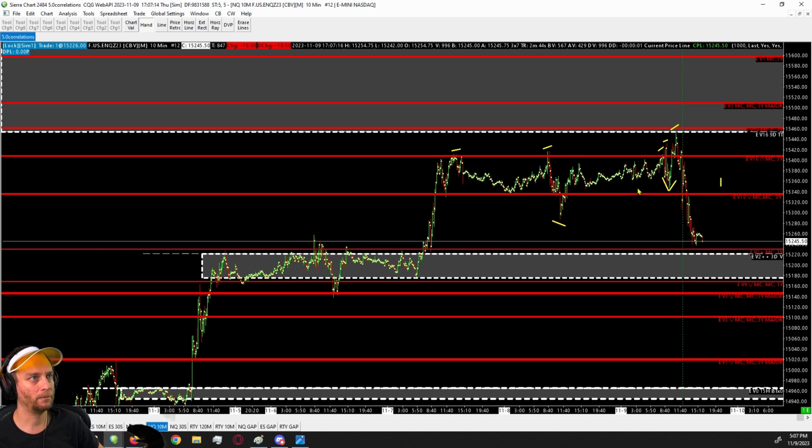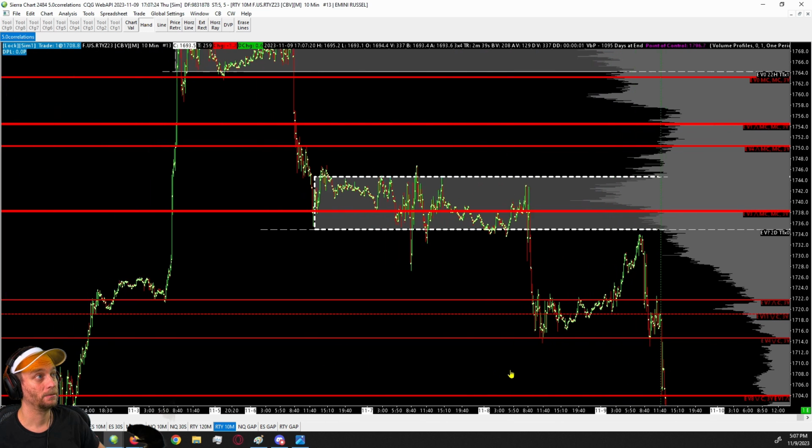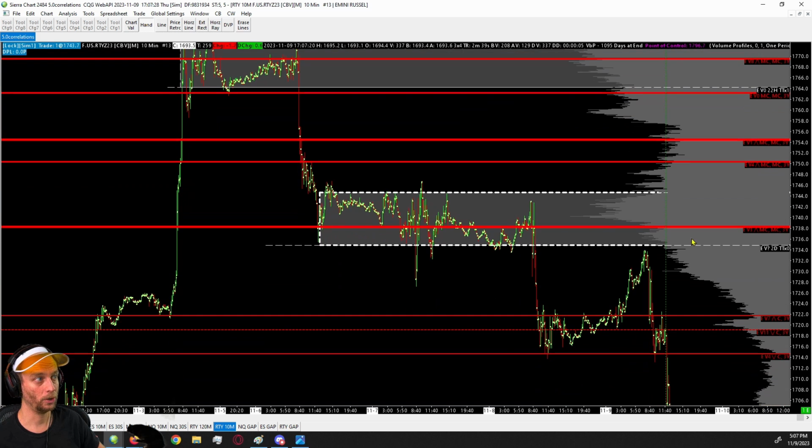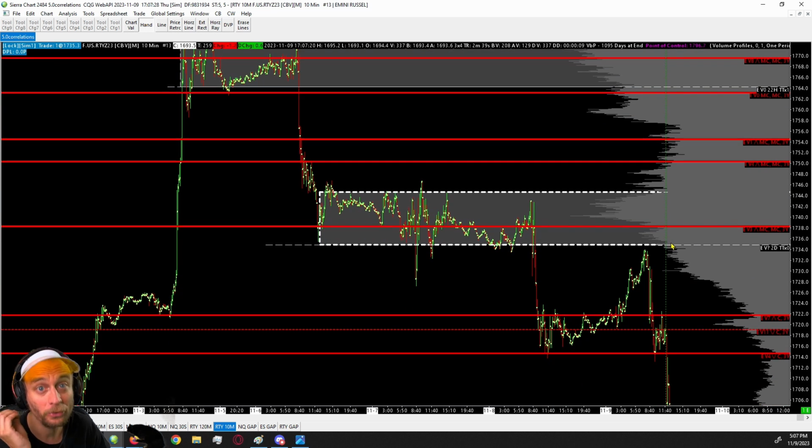Higher time frame, this range being on top of this range, to me is long bias on NQ and ES. However, Russell for days has been continuously dumping and ranging lower. So I'm like, dude, Russell might drag the other markets, and Russell drags the other markets.